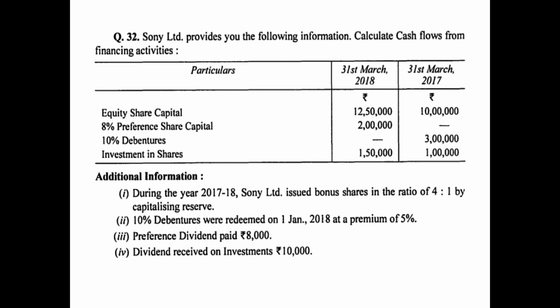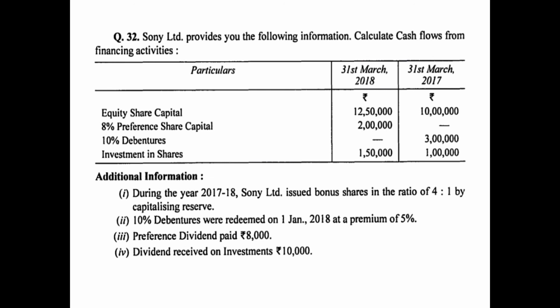That comes to 9 months. So 10% interest on the face value 3 lakh for 9 months will come to 22,500. And since we are paying the interest on debentures, it is an outflow of cash, and it will be deducted under the financing activities.